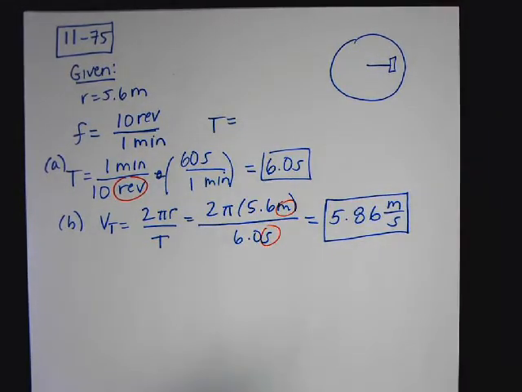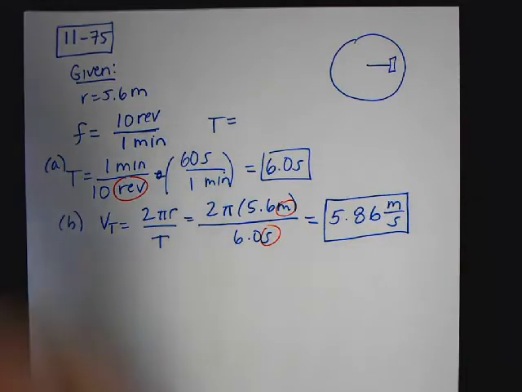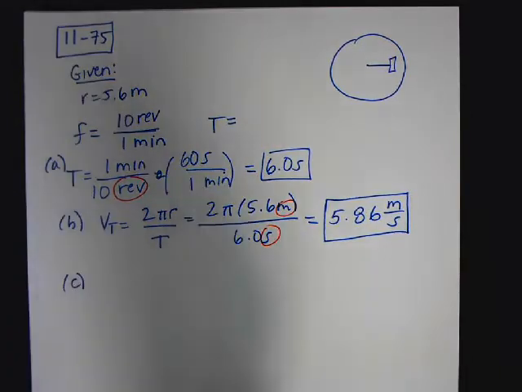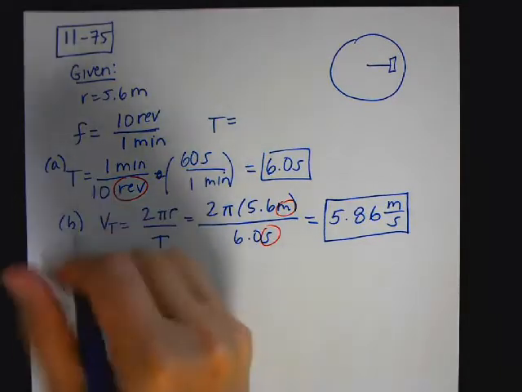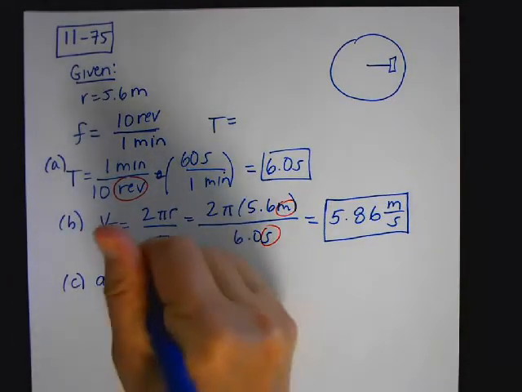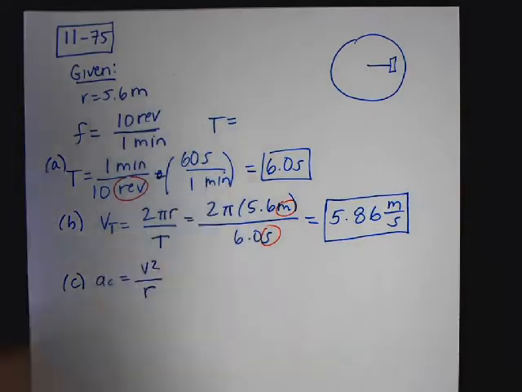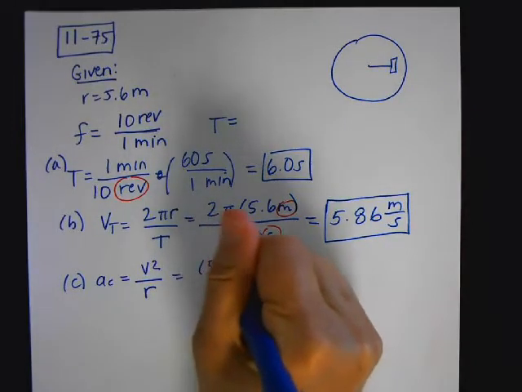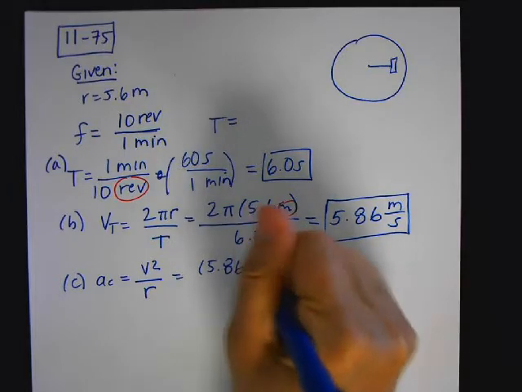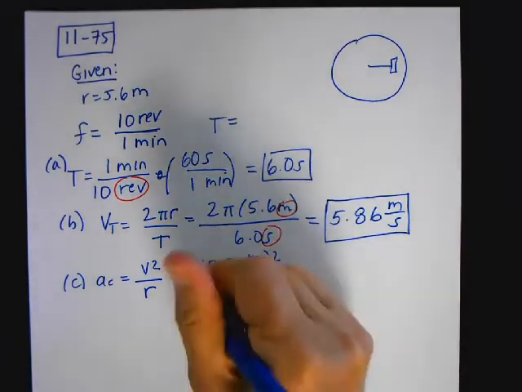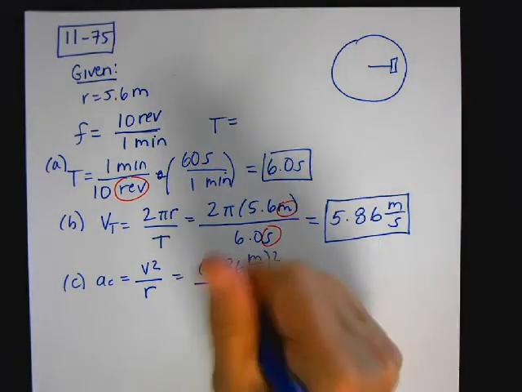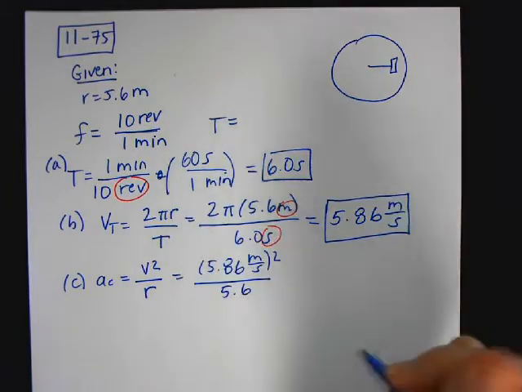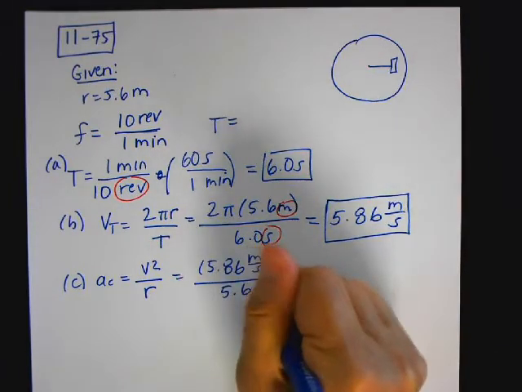Part C said determine the child's centripetal acceleration in meters per second squared and g's. First we'll do it in meters per second squared. The centripetal acceleration is v squared over r. So that's equal to 5.86 meters per second, squared, divided by 5.6 meters.